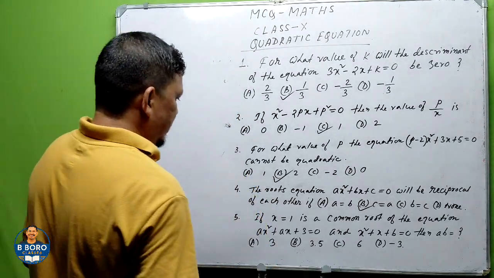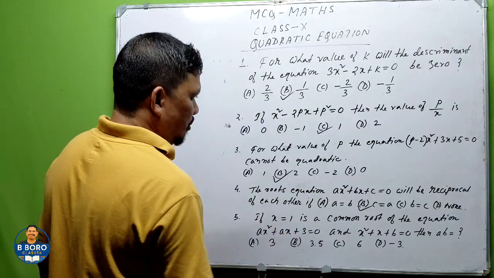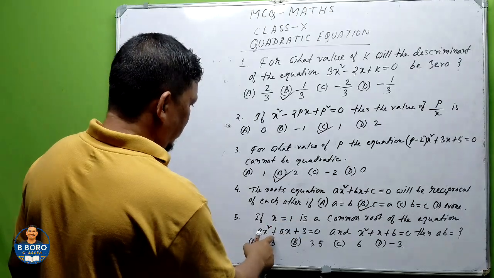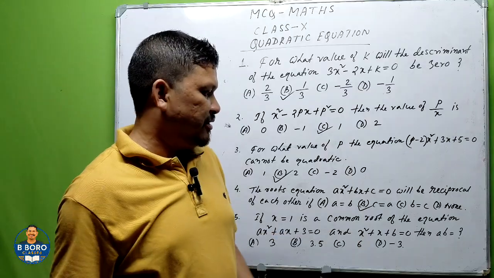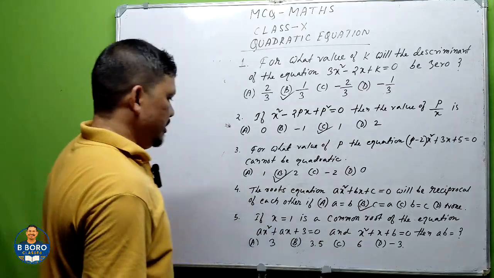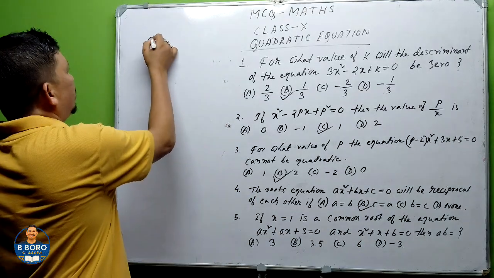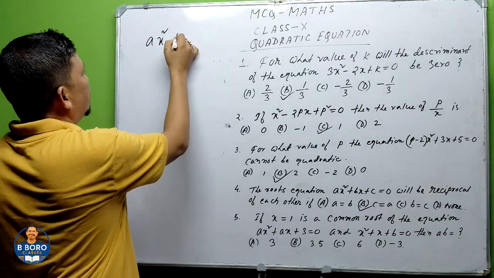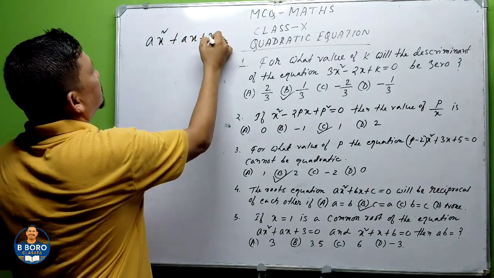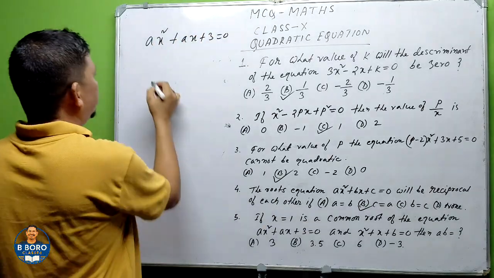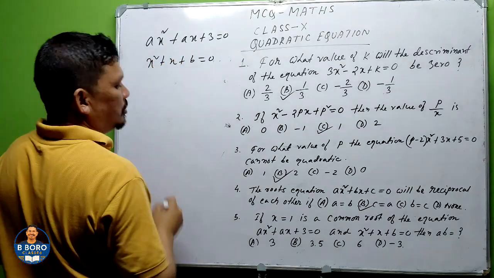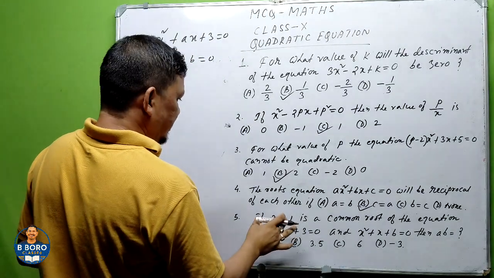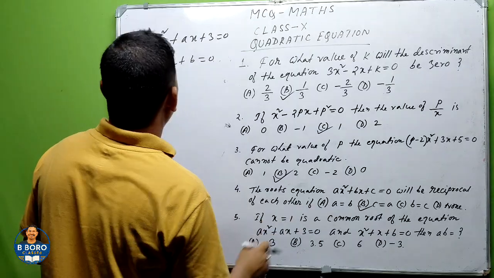Question number 5. If x equal to 1 is a common root of the equations ax square plus x plus 3 equal to 0 and x square plus x plus b equal to 0, then ab equals what? First of all, we are given two quadratic equations: ax square plus ax plus 3 equal to 0, and the second equation x square plus x plus b equal to 0. Both equations have a common root, x equal to 1.